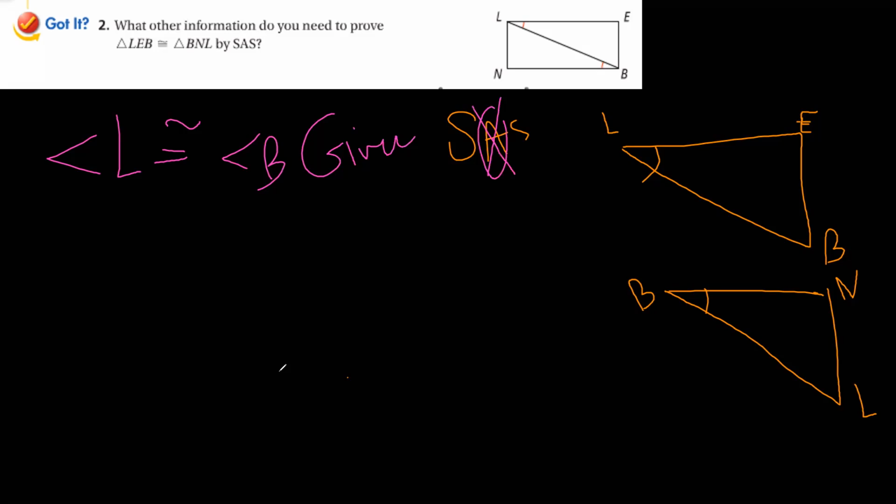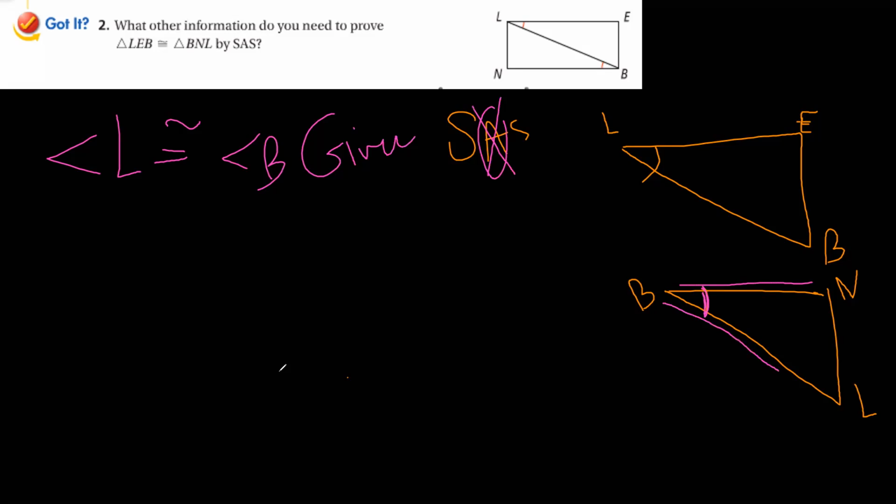Now, what about the side? For this second triangle and for this angle, I need this side and this side only.